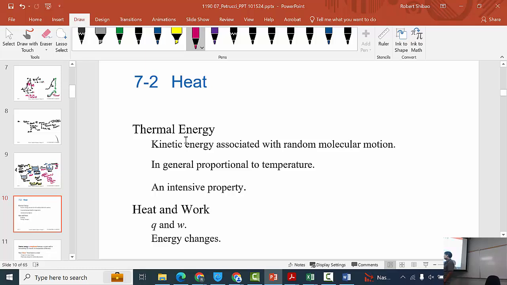It's an intensive property. Energy depends on how much energy you have. You could have lots of energy or a little bit of energy. What does that mean, intensive property? Is thermal energy an intensive property? Thermal energy is an extensive property.